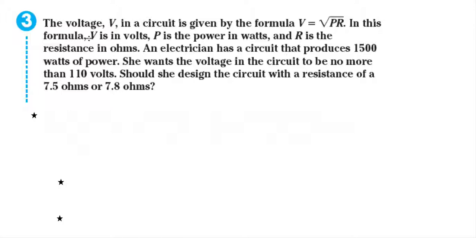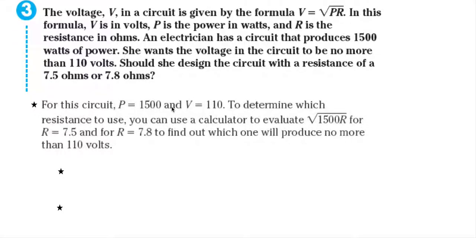An electrician has a circuit that produces 1500 watts of power. She wants the voltage in the circuit to be no more than 110 volts. Should she design a circuit with a resistance of 7.5 ohms or 7.8 ohms? This is the question we want to answer.